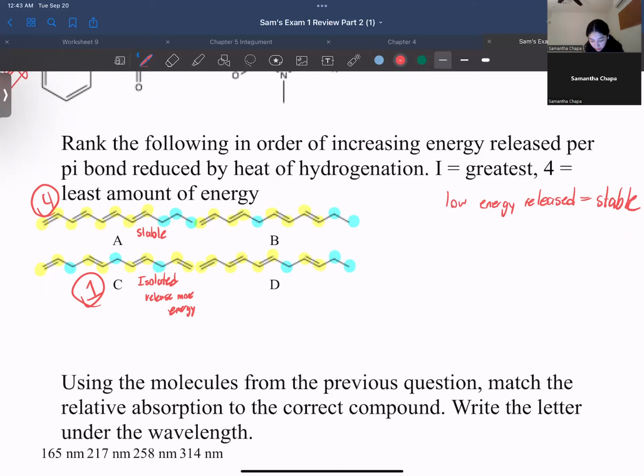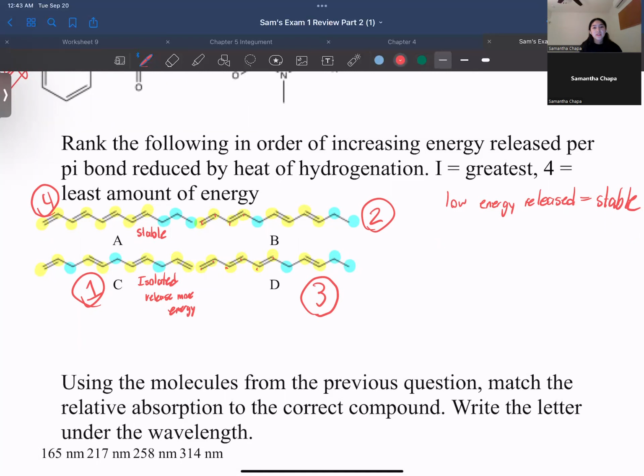We'll label D as 3 because it still has 1, 2, 3, 4, 5, 6 consecutive conjugations, whereas B has 1, 2, 3, 4. So we'll label B as 2, and our most stable one as 1. Okay, good with this one.